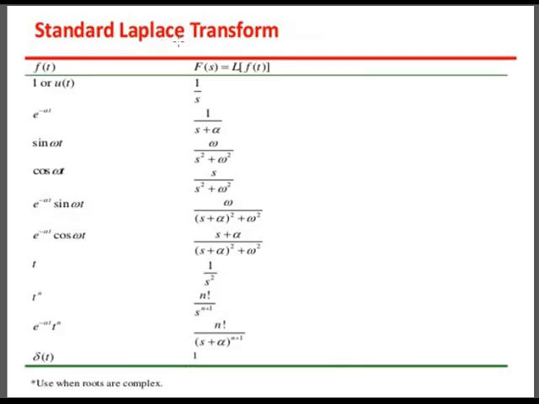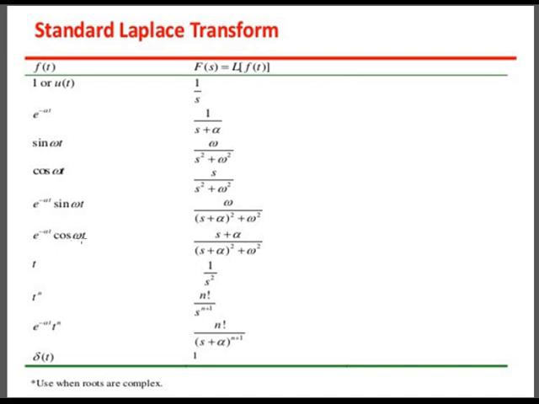Now, standard Laplace equations, f of t and F of s. For the unit step function, the Laplace transform is given by 1 by s. For e raised to minus alpha t, it is given by 1 by s plus alpha. For sin omega t, it is omega by s square plus omega square. For cos omega t, it is s divided by s square plus omega square. For e raised to minus alpha t sin omega t, it is omega divided by (s plus alpha) square plus omega square.